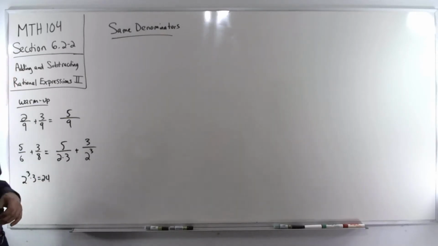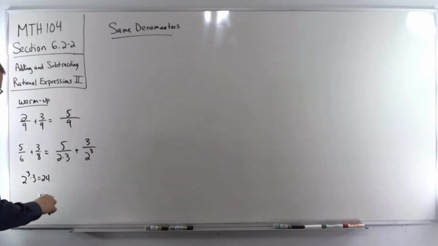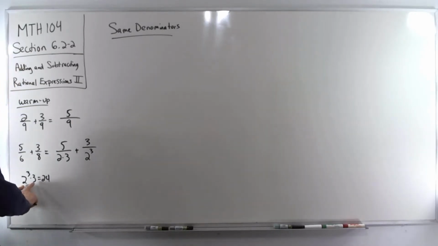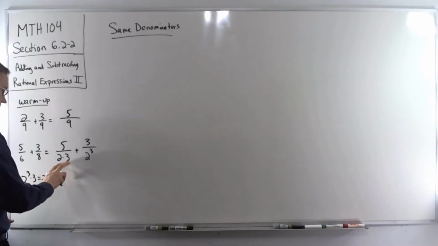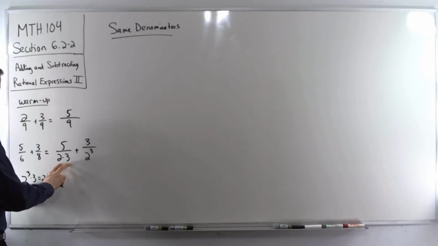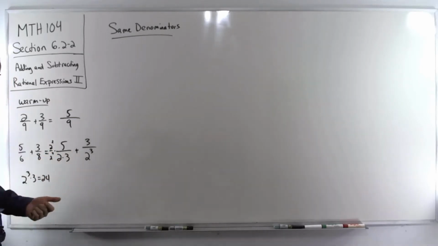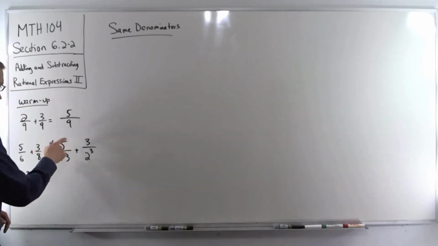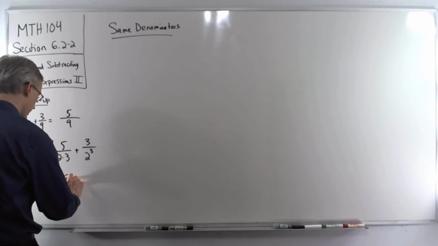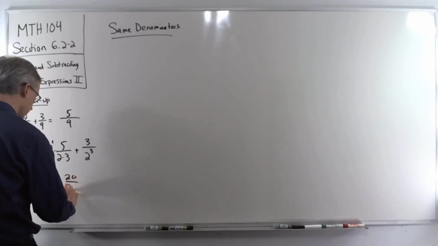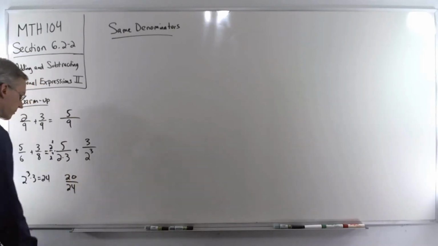Okay, so we're going to multiply by what is missing. In our common denominator, we have 2 to the third times 3. Here we have 2 times 3, so we're missing 2 2's. So we're going to have to multiply this by 2 squared over 2 squared, which is just 4 over 4. So you multiply the top by 4 and you get 20, and the bottom by 4 to get 24. So there's our common denominator.